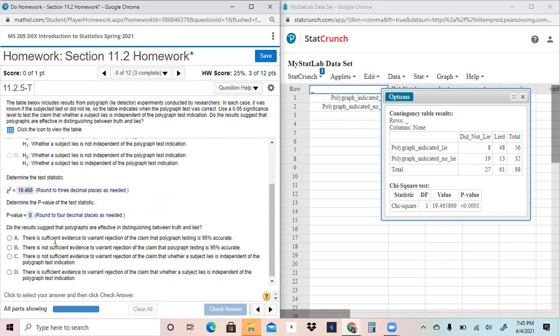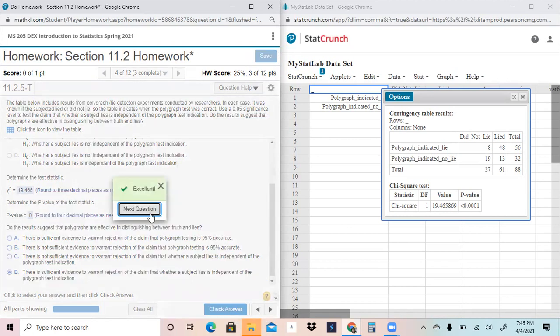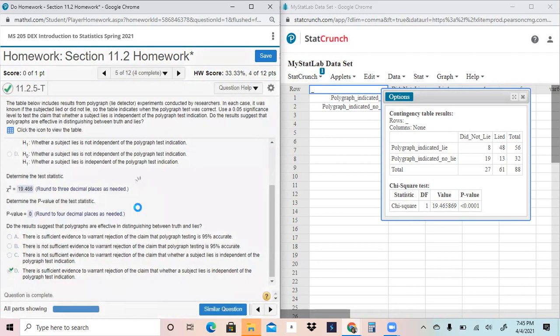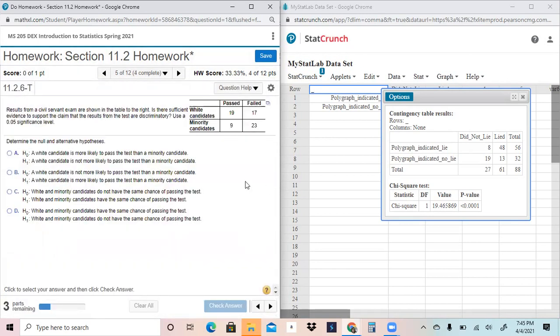So there is sufficient evidence to warrant rejection of the claim that whether a subject lies is independent of what the polygraph says. The null hypothesis was that whether he's lying or not is independent of what the polygraph says, and basically we have a 0 probability of that.